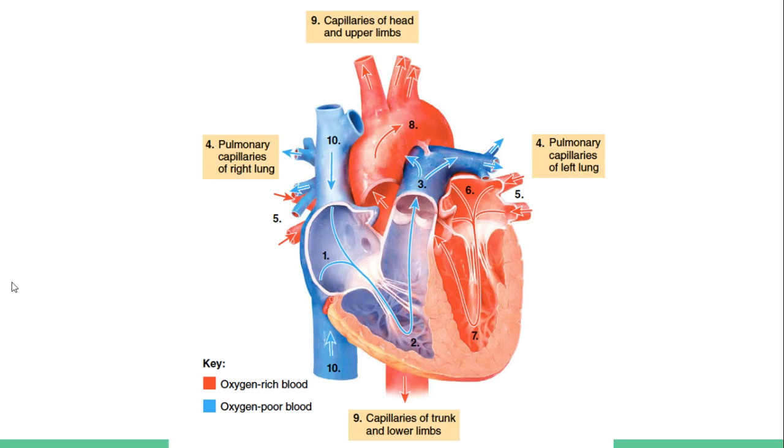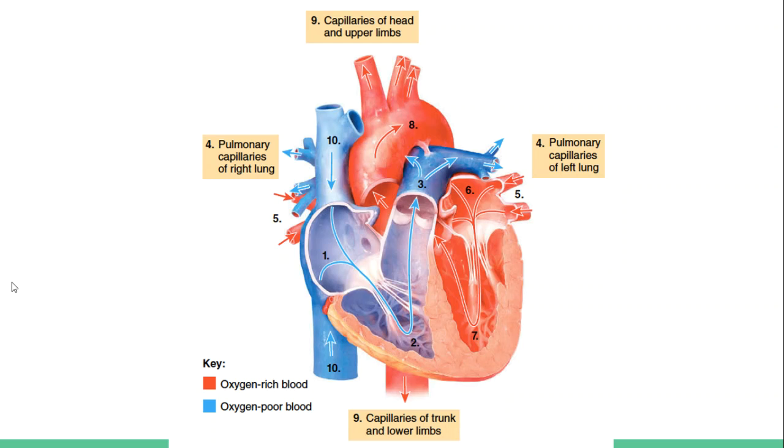The figure below shows the heart and how blood flows. Looking at the arrows from number 4, pulmonary capillaries to the lung. Look at number 9, capillary of the trunk and the lower limbs. The key is down below.